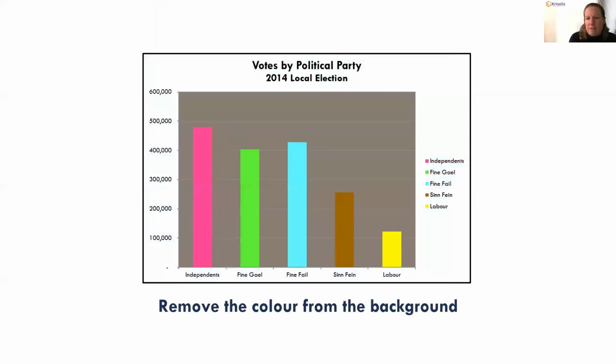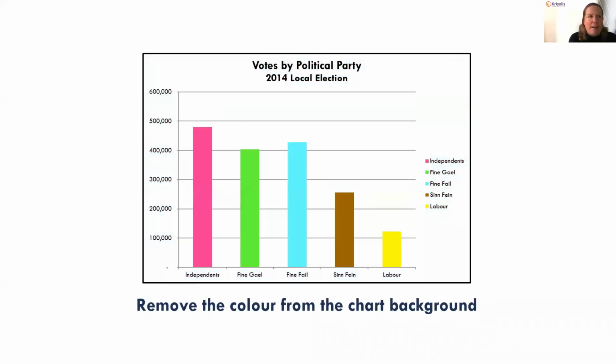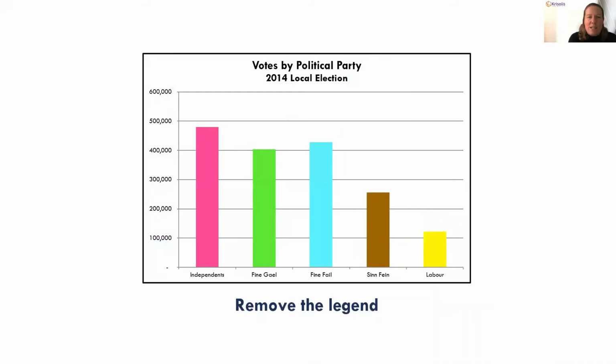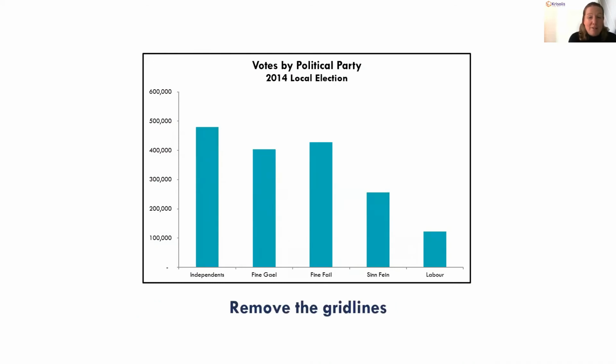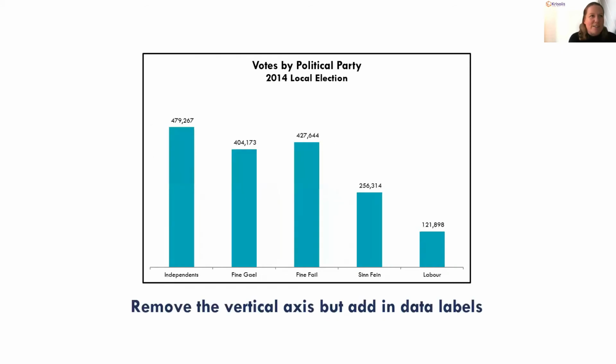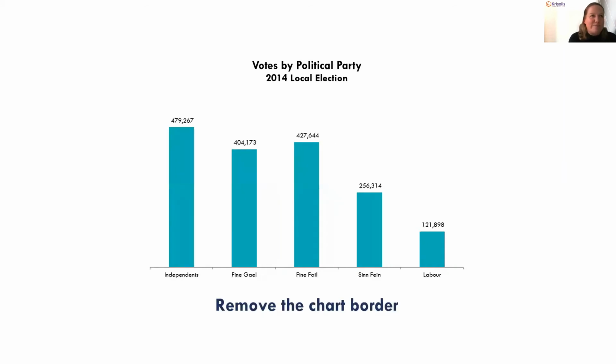Obviously those backgrounds can go, they're a bit shocking. We don't actually need the legend in this example because we have the labels, so we can get rid of the legend. We can use monochrome, so just one color palette. We can probably get rid of the grid lines. I'd probably soften them rather than get rid of them, but we're pretty strict with ourselves. We can put in the numbers and we can remove the border. And essentially we're left with a chart that looks like this.